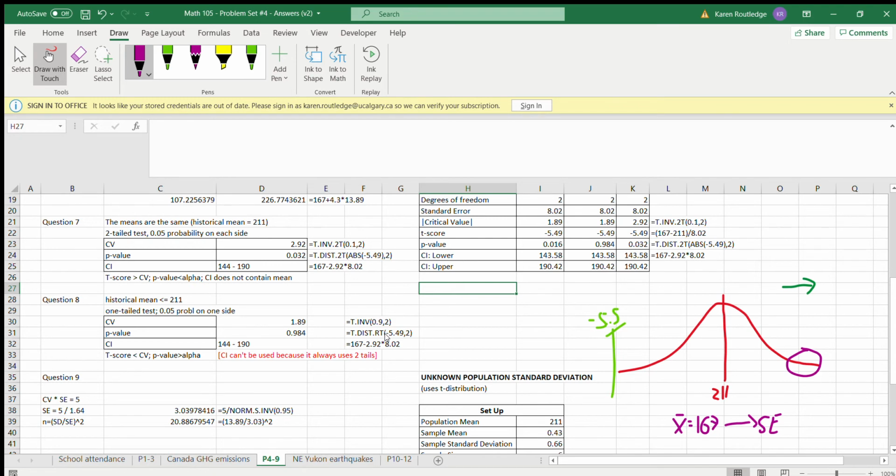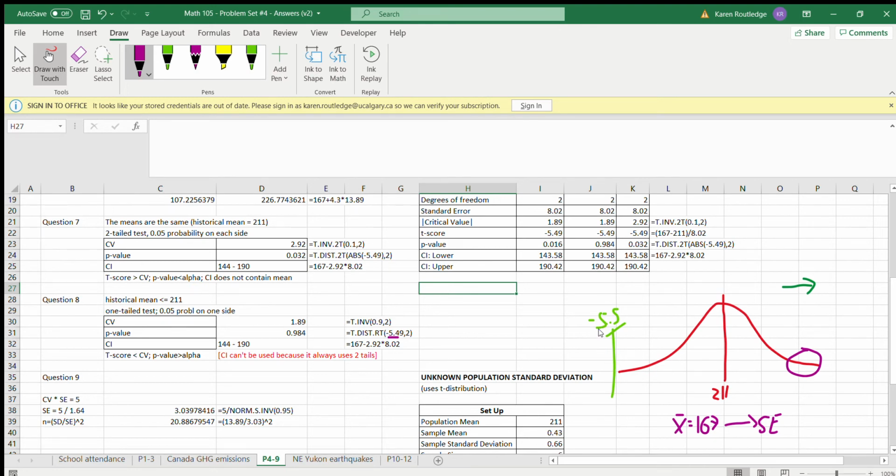So the number here is not the critical value. The critical value is over here referring to our rejection region. We want to know how far away our data are because we're dealing with the probability of seeing our sample mean. So we need to know how far away our sample mean is. That negative sign becomes very important. That tells us our sample mean is off to the left.